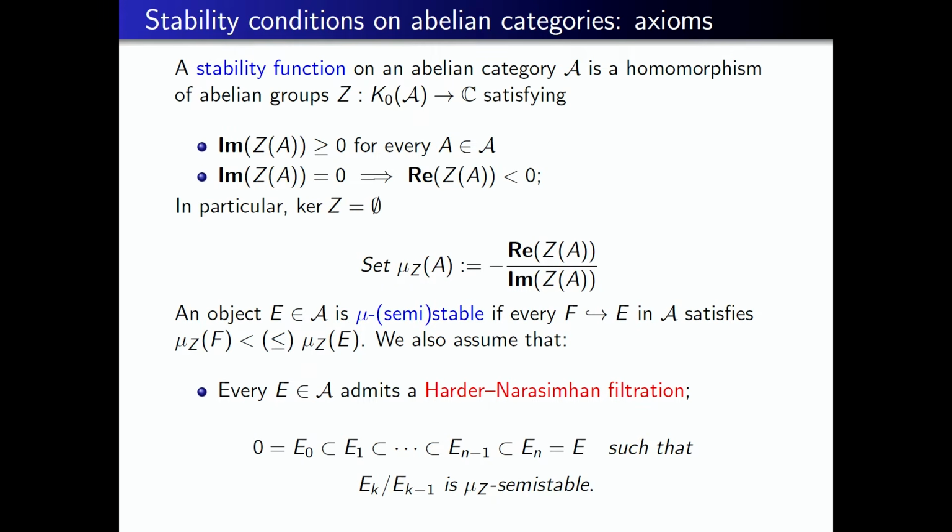And these two properties, the positivity or negativity, only have to be satisfied for those classes in the Grothendieck group that represent objects in the abelian category. Otherwise, it doesn't make sense, because if it's a group homomorphism and it's positive for some element, it's going to be negative for some other element. But those elements that are negative are not classes of objects in the abelian category. That's the point.